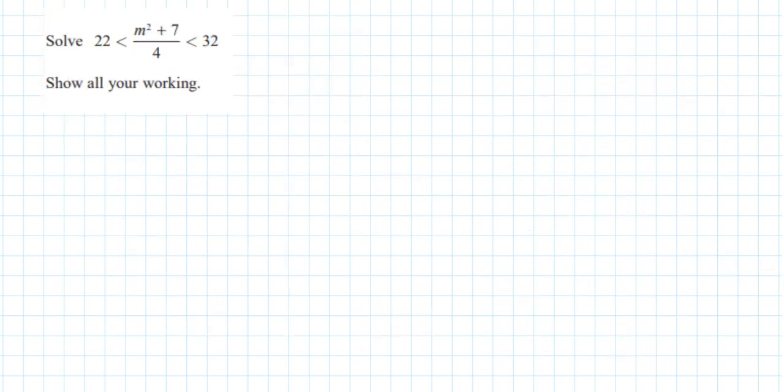It says solve the inequality. I'm going to split this up into two inequalities and solve them individually. First thing, I'll multiply both sides by 4.